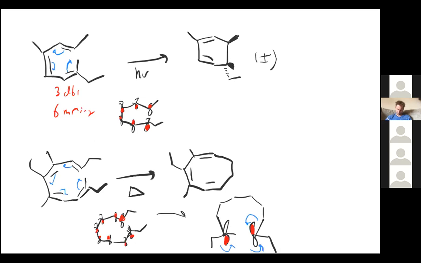We're going to be rotating conrotatory towards each other. Again. And then let's see, this ethyl's going to get pushed up. This methyl's going to get pushed up. This one's going to go down. So our ethyl and methyl are both going to be the same to each other. We're going to make them both wedges. Our other ethyl is going to be a dash.